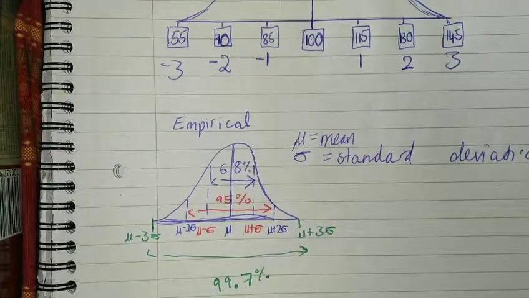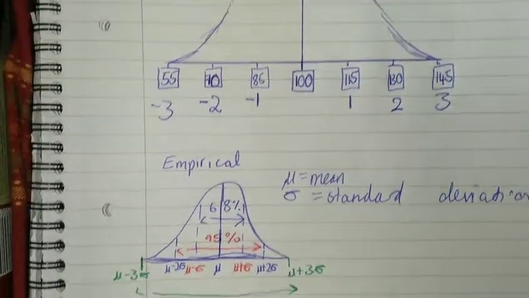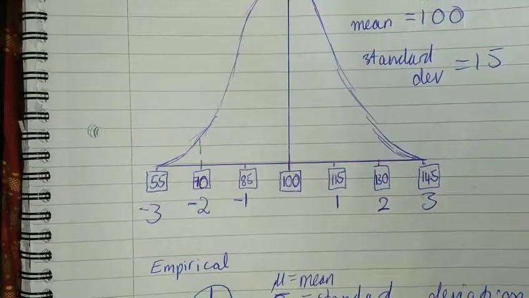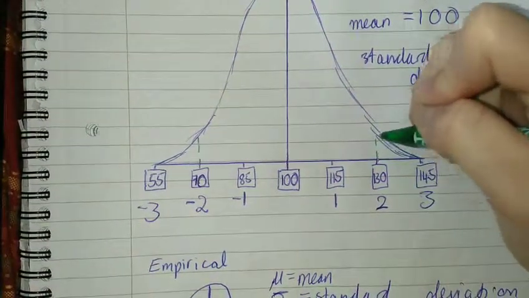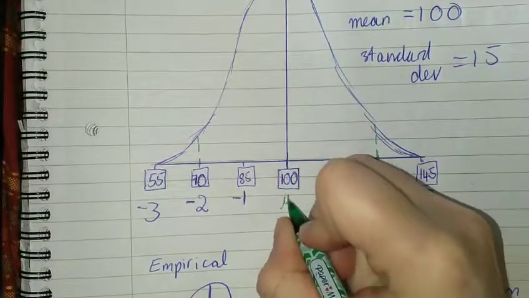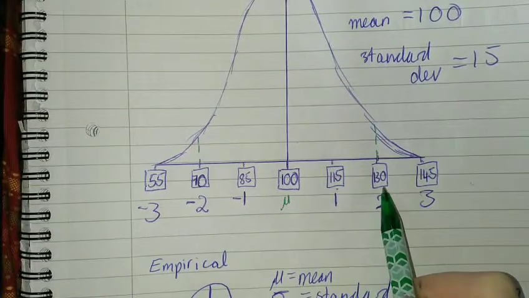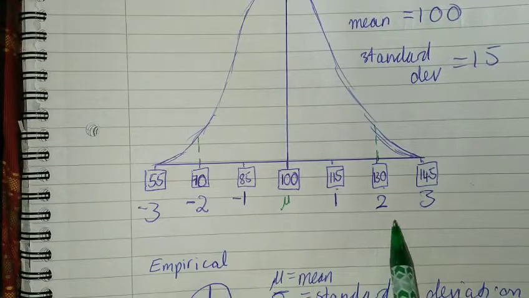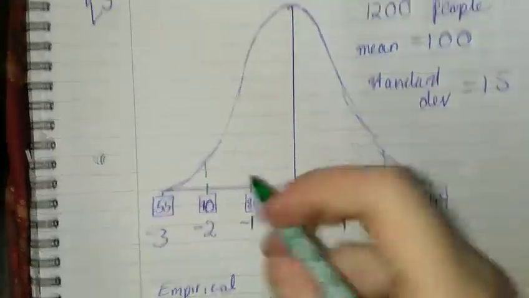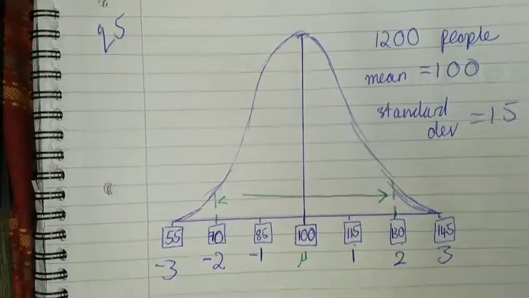What we are asked is to find the probability that the person has an IQ score between 70 and 130. Our mean is 100. Here we are plussing 1 standard deviation, here plussing 2 standard deviations. Here we're minusing 1 standard deviation, minusing another. So we are within 2 standard deviations of the mean.